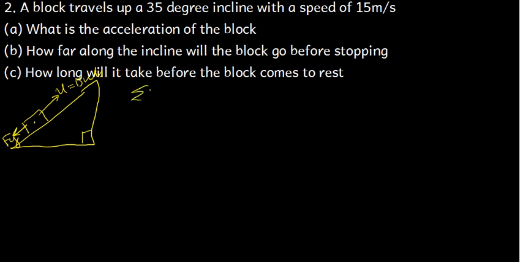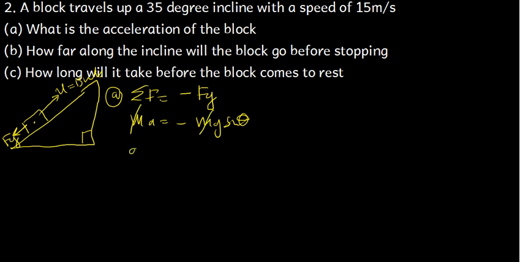Notice that Fg is acting in the opposite direction to the motion. So the net force will be negative Fg because it's acting in the opposite direction. The net force is given by mass times acceleration, and that is equal to negative Fg, which is given by mg sin theta. The masses are going to cancel out.